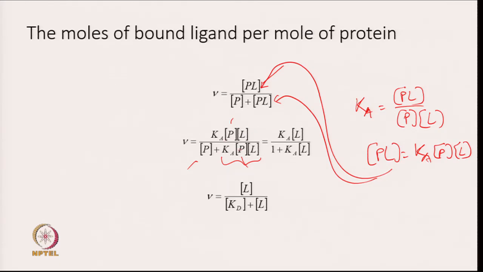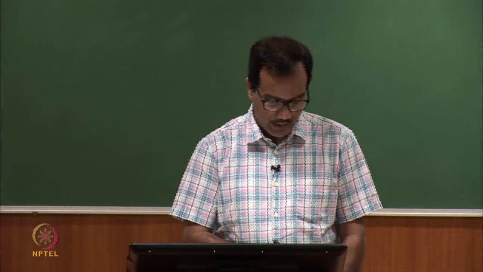So, if I remove all 3 P's, I will get Ka into L divided by 1 plus Ka into L, and if I try to write the same equation in terms of Kd, what I will get is nu is equal to L divided by Kd plus L. So, this is your equation which tells you how the fraction of bound protein is related to Kd.